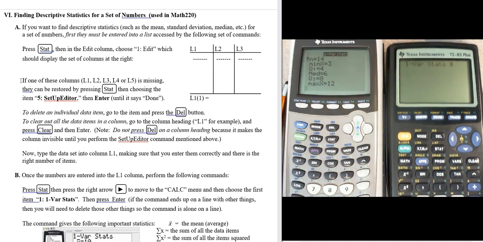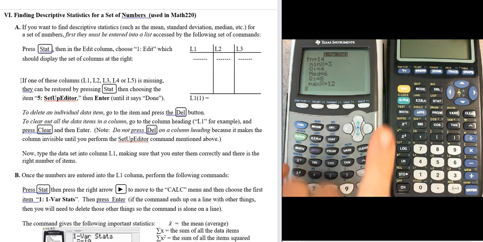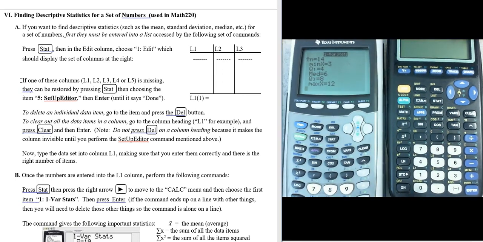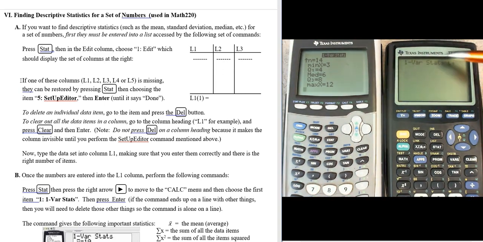So if you look on the calculator, right above the 1 button, you see L1 in yellow. That's what we want. We want column L1. So anything in yellow, I have to hit the second button. So I go Second, and then I hit the number 1, and it puts in L1 after the one variable stats command. Now you're ready to press enter, and it'll give you the calculations. Now these are different than the other one because the numbers are all different, but it gives you all the statistics that you wanted all the way down.